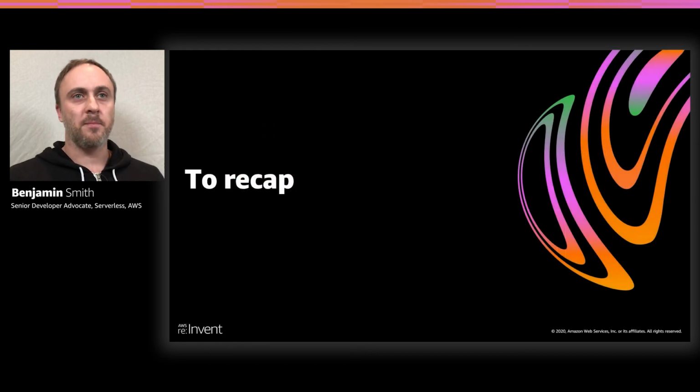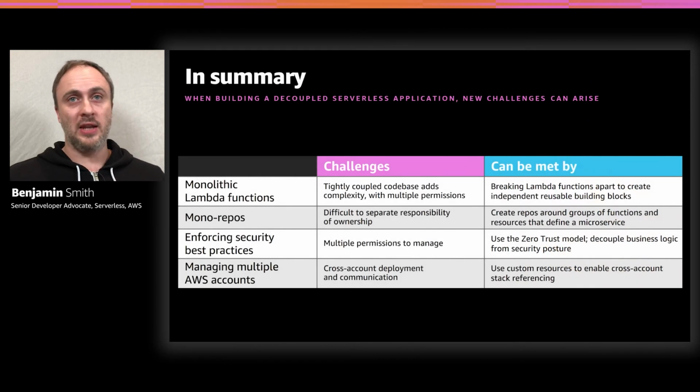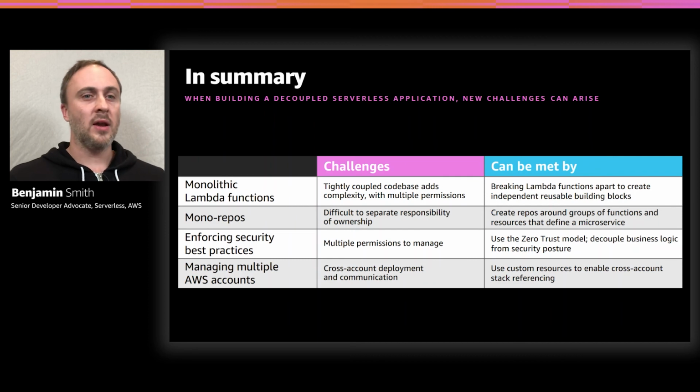So, to recap, there's a number of different challenges that you may come up against when you're growing your serverless applications, and broadly, they tend to fit into one of these four categories. So firstly, there's the challenge of the monolithic Lambda function, which can create a tightly coupled code base, and this can add unnecessary complexity to your application.